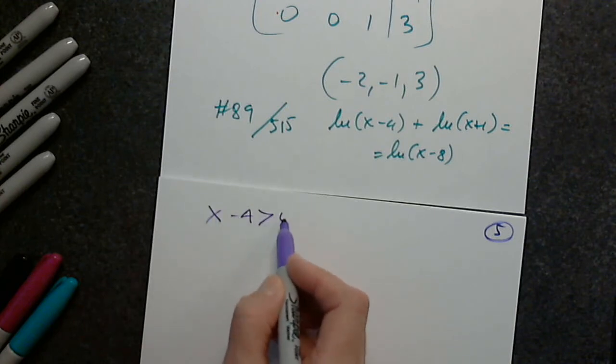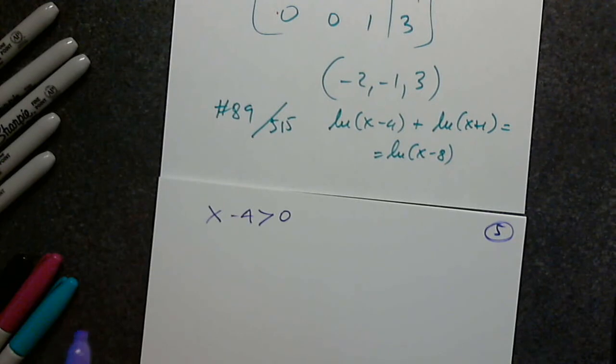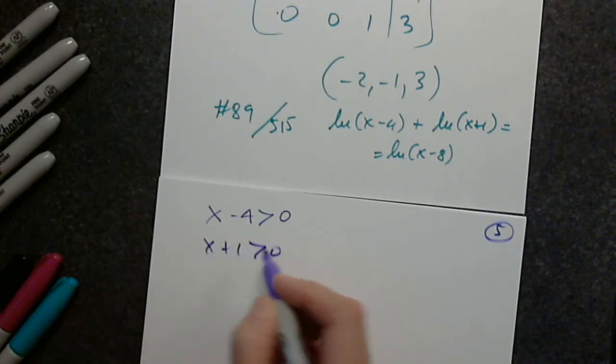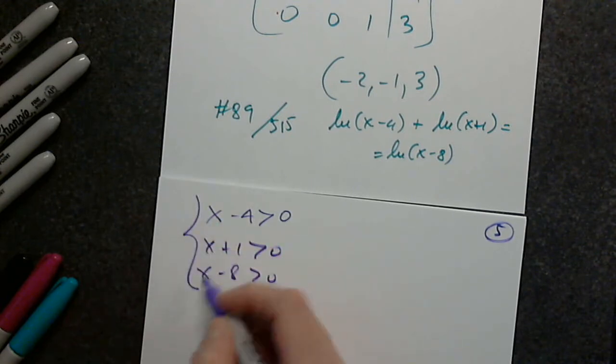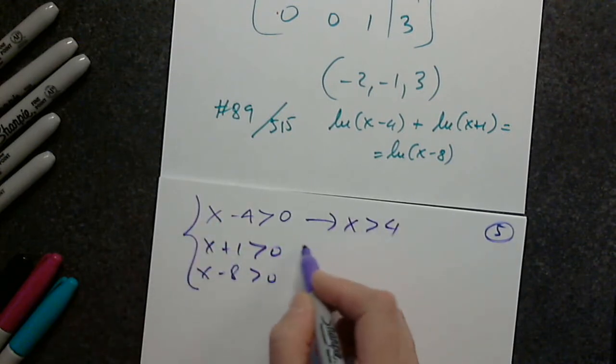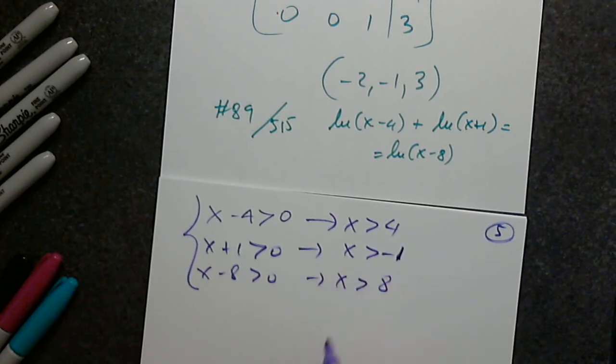X minus 4 greater than 0. What is the domain of the second one? And what is the domain of the next one? X minus 8, we have 3. This one greater than -1. And this one greater than 8. So which is the common domain then?